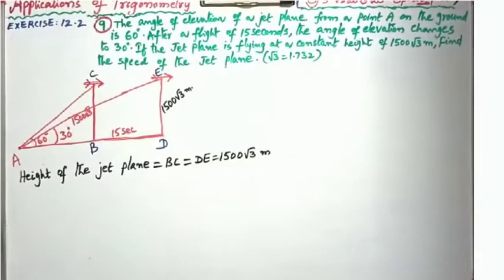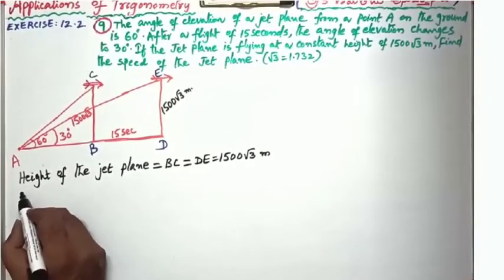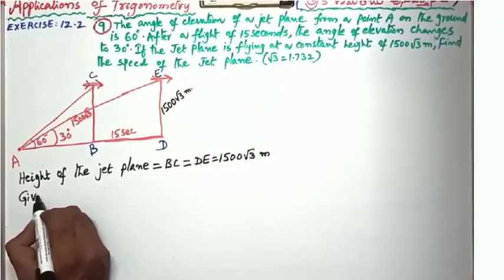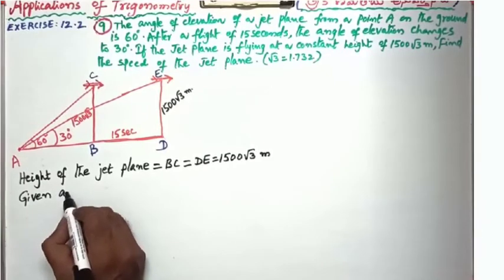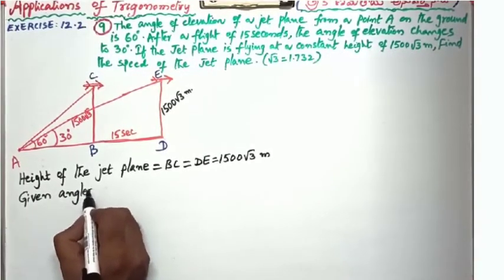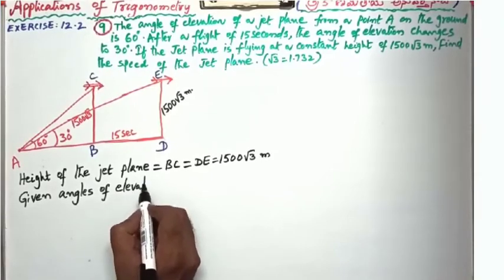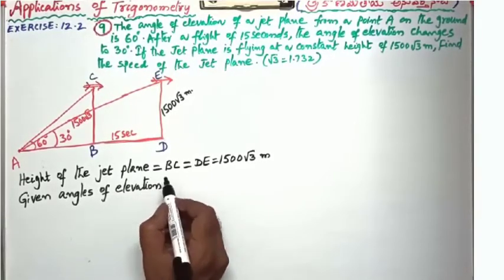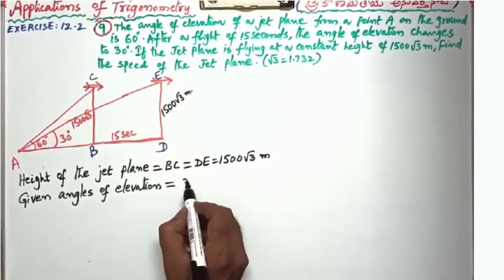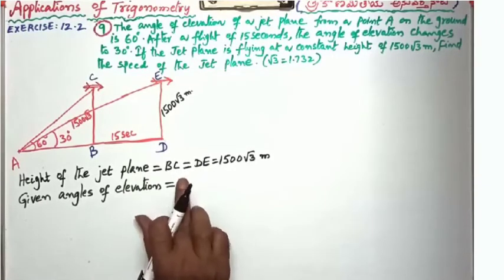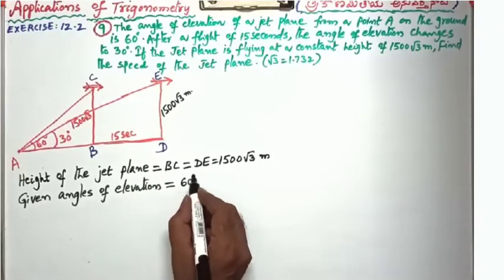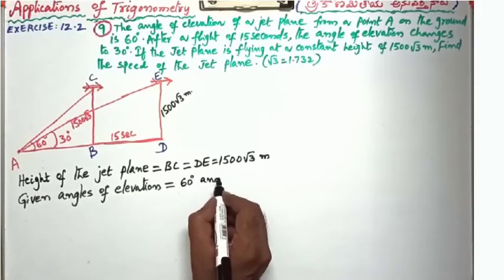And next, given angles of elevation are 60 degrees and 30 degrees.